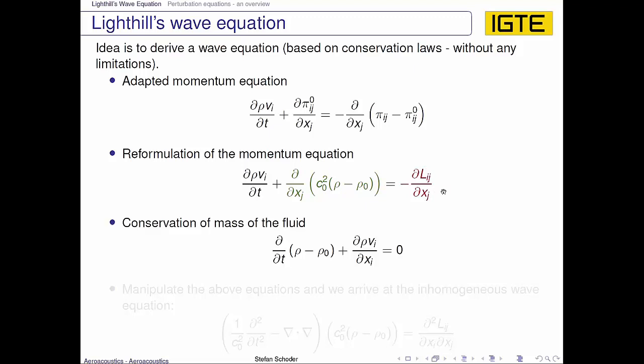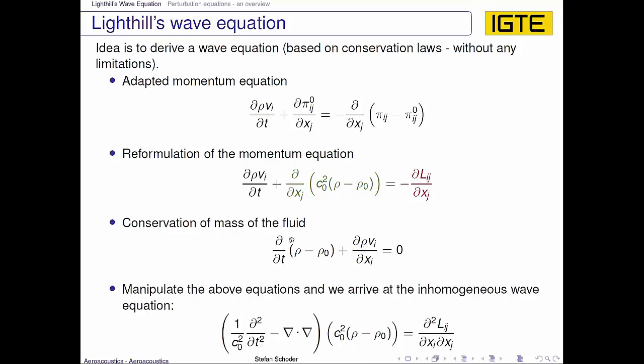We do the same, or we insert the quantities defined here, the perturbation of the acoustic density. We insert it also into the mass conservation itself, saying that the ambient or zero condition is 0, and then we can derive, as we did before with the wave equation in a more limited sense, for the linearized wave equation.